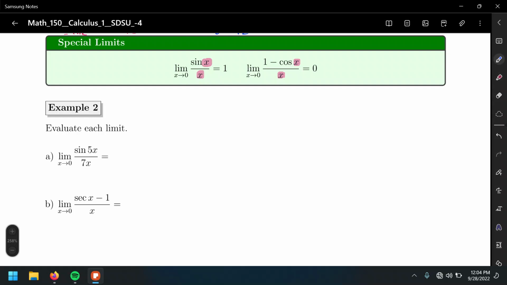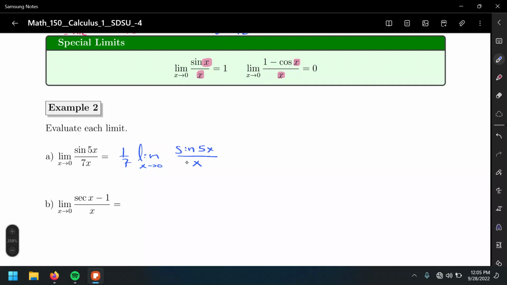Like in the first example, we have the limit of sine of 5x divided by 7x. Well, if we observe these two quantities here, 5x and 7x, these two quantities do not match. So the first thing I'll do is take that 7 outside, and find a way to make these two quantities match.